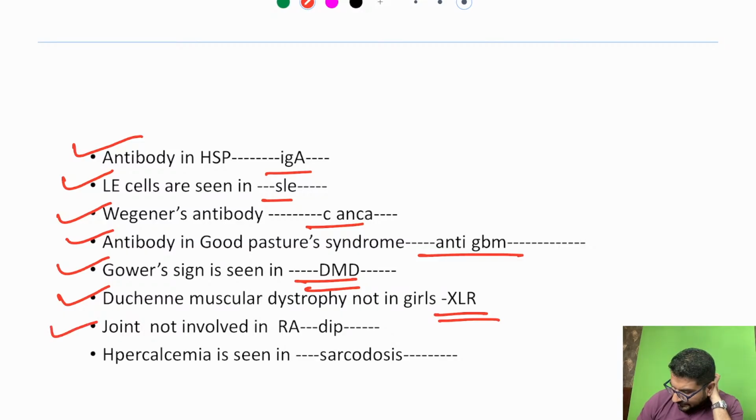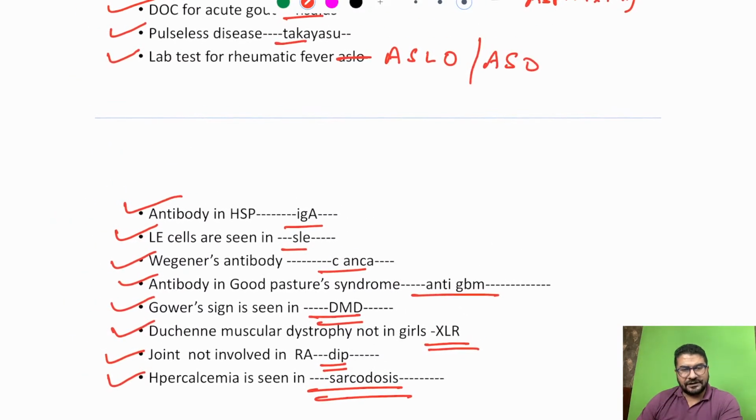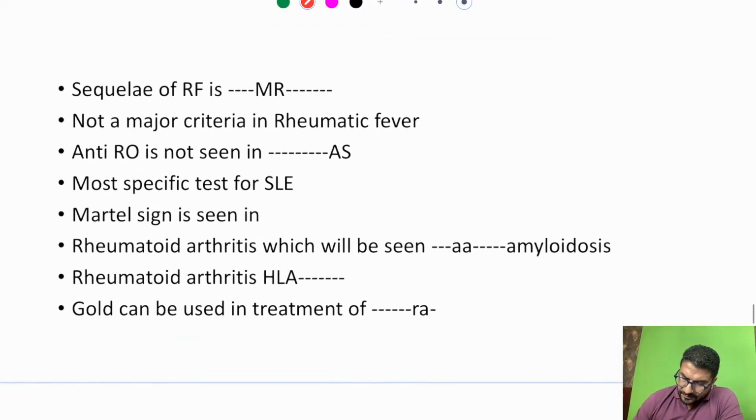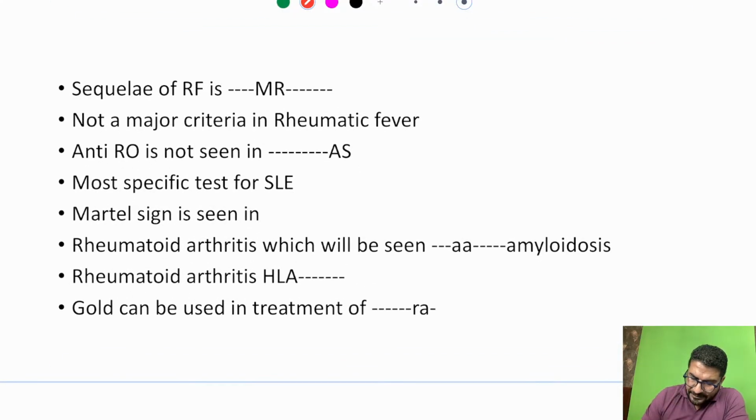RA में कौन सा जॉइंट इन्वॉल्व नहीं होता? DIP. और याद रखना DIP इज मोस्ट कॉमन जॉइंट इन्वॉल्व इन सोरियाटिक आर्थराइटिस. हाइपर कैल्सीमिया, दीज आर द PYQs, ये वो क्वेश्चन हैं जो आपके एग्जाम में आ चुके हैं. हाइपर कैल्सीमिया यू विल सी इन सार्कोइडोसिस. रोमैटिक फीवर विल कन्वर्ट इनटू रोमैटिक हार्ट डिसीज, तब पेशेंट को क्या हो जाएगा?